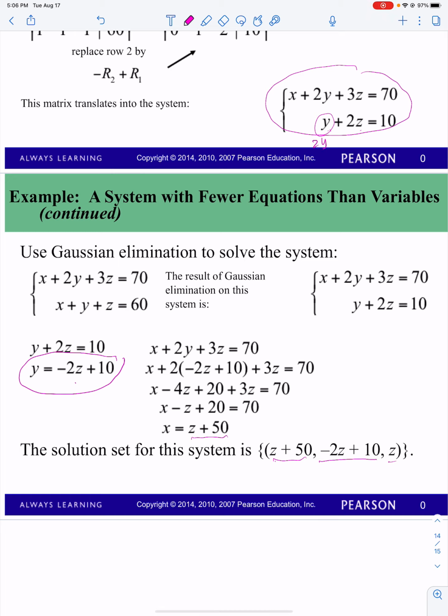If you have 2y plus z equals 10, you can certainly solve for z. So it doesn't mean that z is always the free variable. It all depends on which variable is easier to isolate. Are you with me?